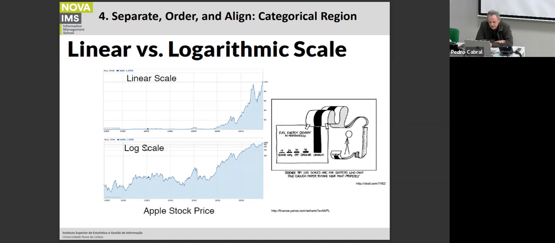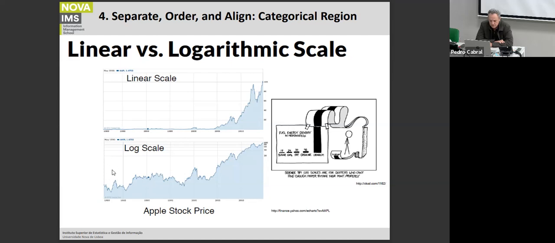But if you use a linear scale, you'll be missing a lot of changes when the prices were low. For these cases, it's much better to use a logarithmic scale that enables us to depict the changes more correctly. If you are a stock market investor, you are more interested in the changes. That's where you make money.